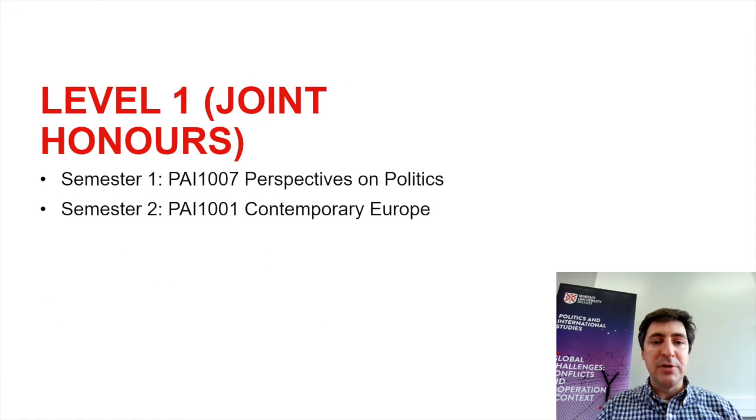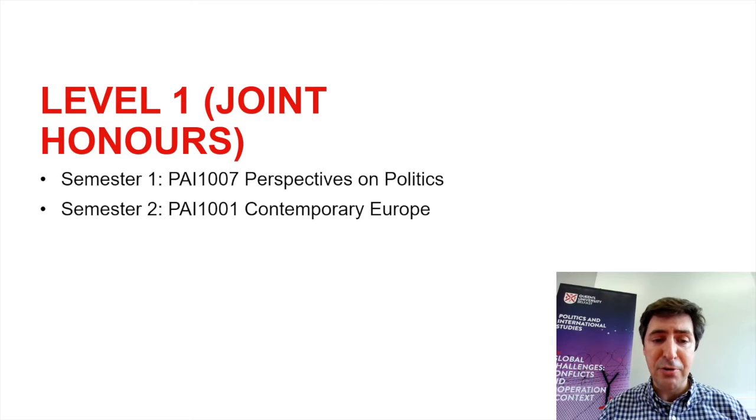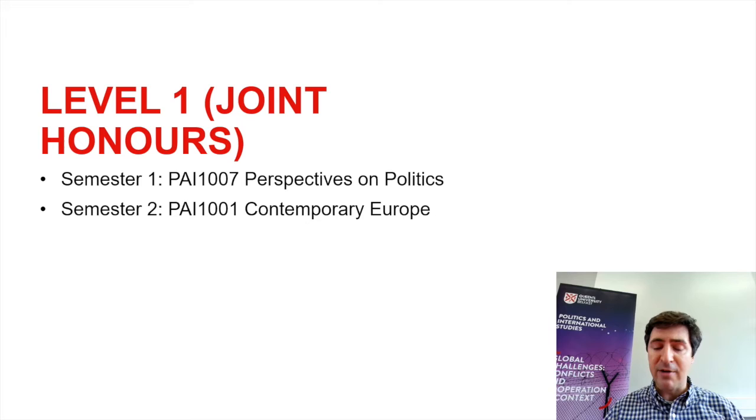For those of you taking one of the joint honors degrees in politics, there are two required modules for you to take: in semester 1, PAI 1007, Perspectives on Politics, the module that I mentioned earlier for the single honors students, and then in semester 2, PAI 1001, Contemporary Europe, again looking at the politics of the European continent since 1945.